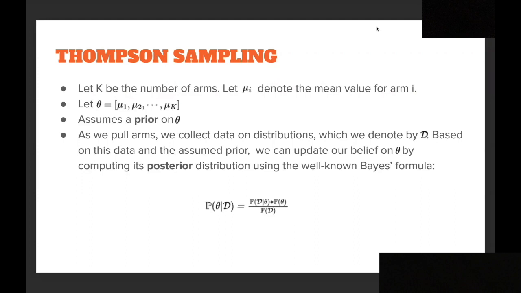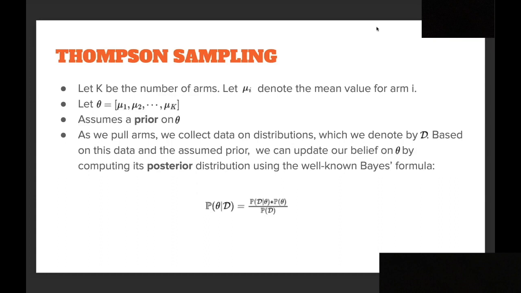I will use K to denote the number of arms or slot machines, and I will use mu_i to denote the expected return we obtain from slot machine number i, and I will use theta to denote the vector whose elements are these expected returns of the slot machines. Since Thompson sampling is a Bayes algorithm, we assume a prior on this vector theta at the start.